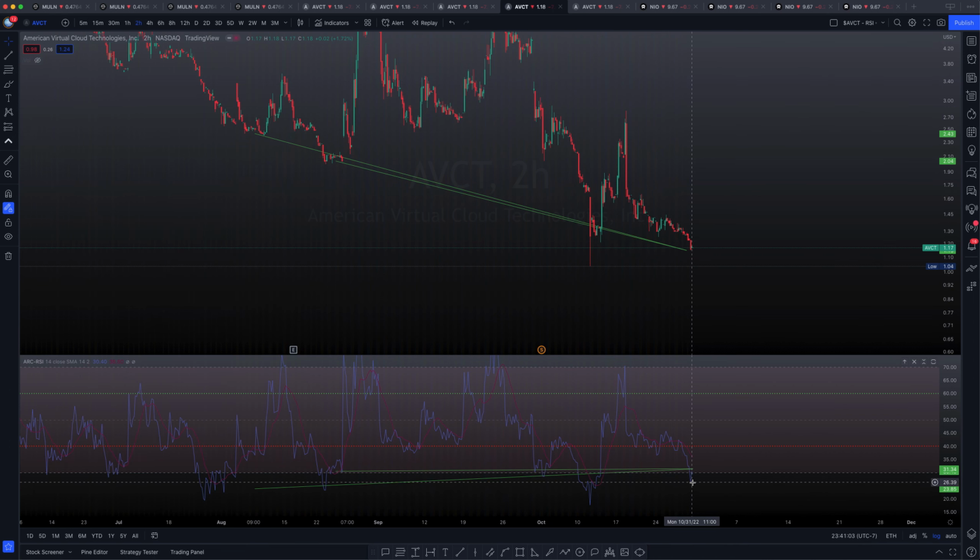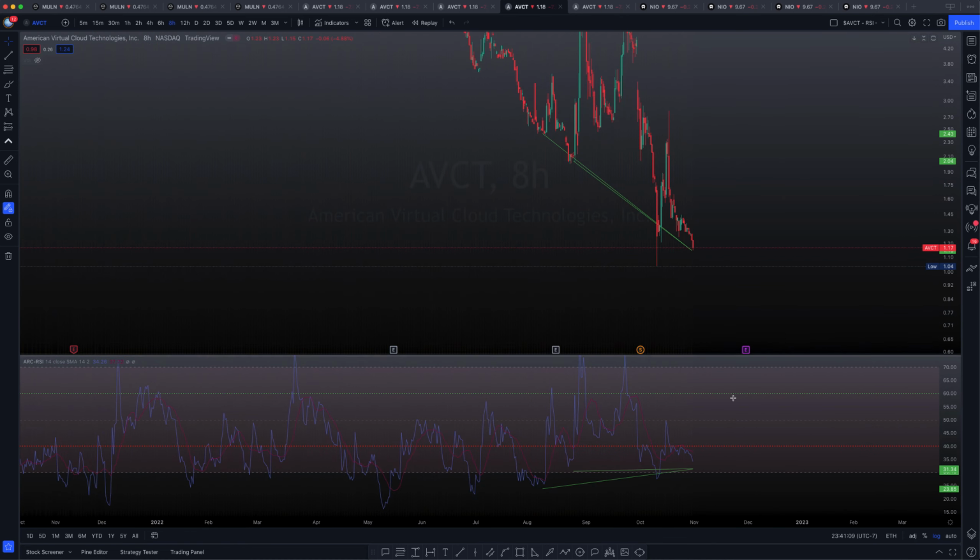Bi-hourly is reversing from oversold as well. Let's look at the 8-hour RSI and see what we got. The 8-hour RSI is suggesting a continuation to the downside, you guys. I would give this some weight. This is why I'm telling you that I'm partially bearish just for the immediate short term. We need to get over these catalysts first before we can make that move to the upside.